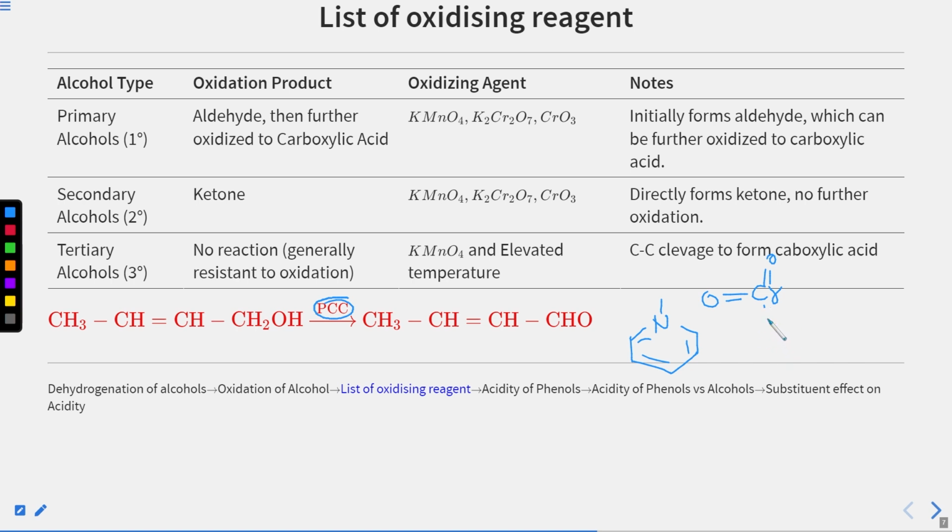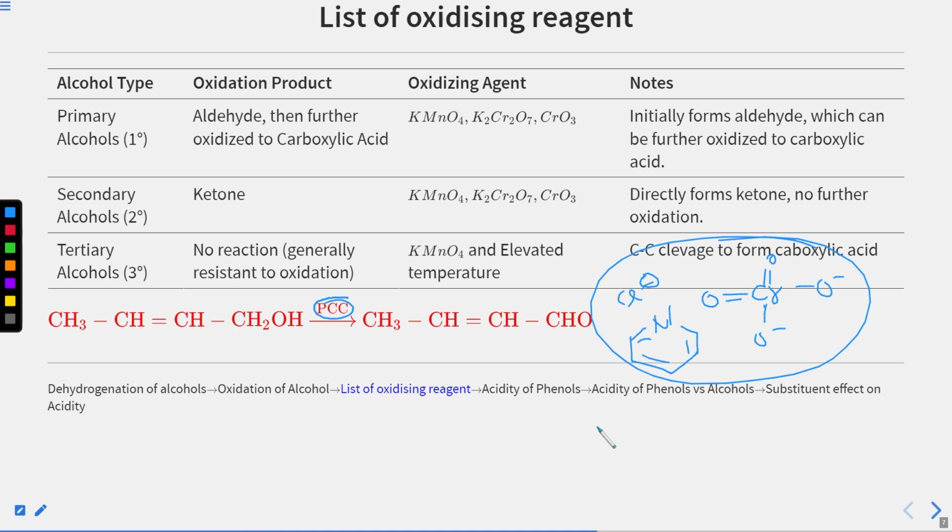I'm not very sure about the structure. Pyridinium chlorochromate also has a Cl minus.